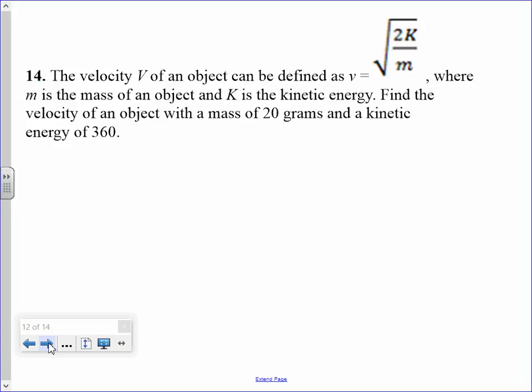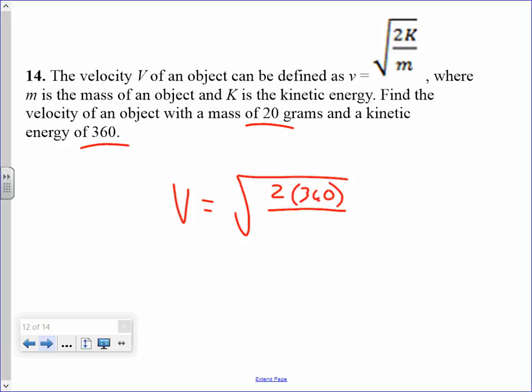Okay, velocity. Velocity is defined as v equals square root of 2k over m. We need to find the velocity. We know the mass. We know the kinetic energy. So the velocity would be square root of k is my what? Energy. 2 times 360 over m is my mass, 20.